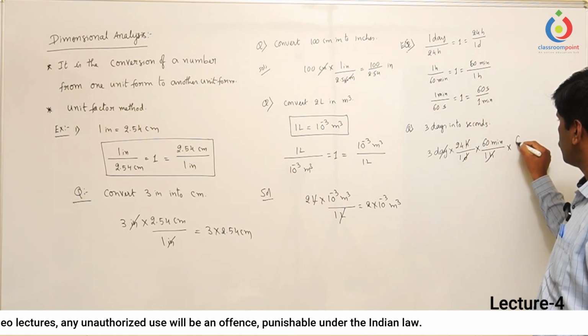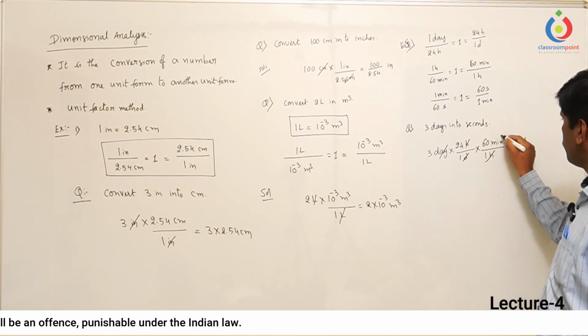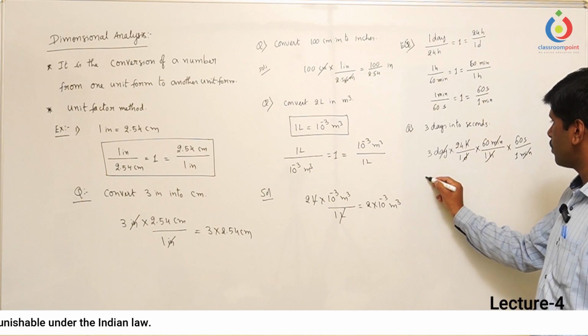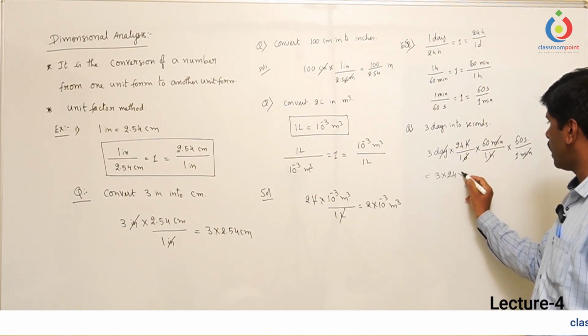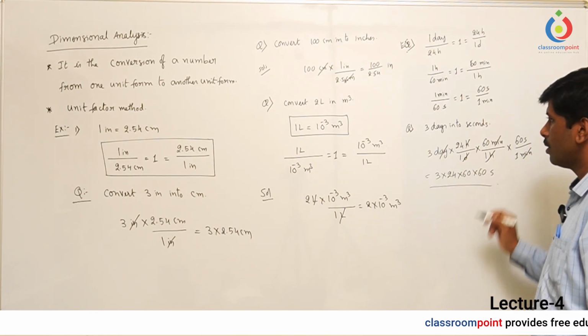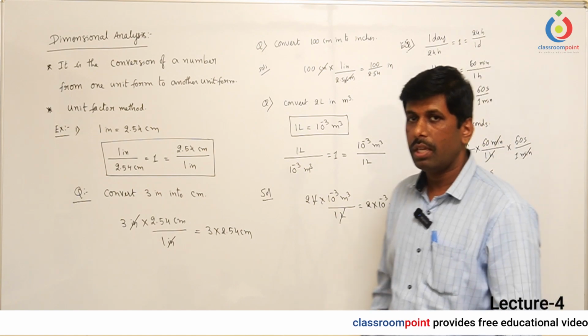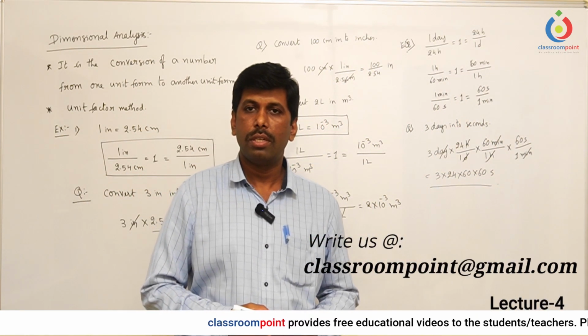Select this part, 60 seconds by 1 minute. So minute cancels out and finally seconds have come. So the final answer is 3 into 24 hours into 60 into 60 seconds. In this way, we can convert one unit into another unit using dimensional analysis.